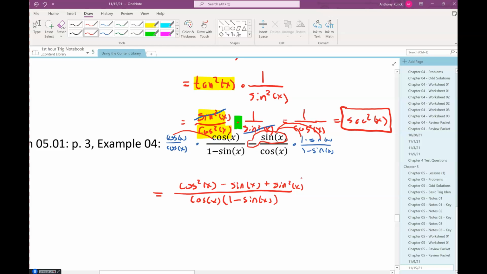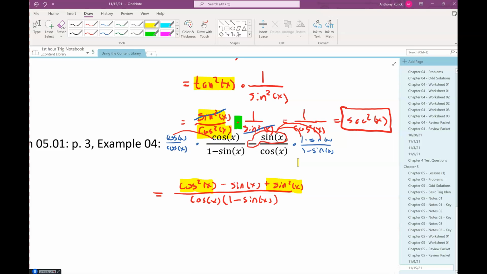Do you guys see an identity that we could use here? I see one right away. Yeah, since I have a sine squared and a cosine squared that are being added together, even though they're not right next to each other, it's okay.